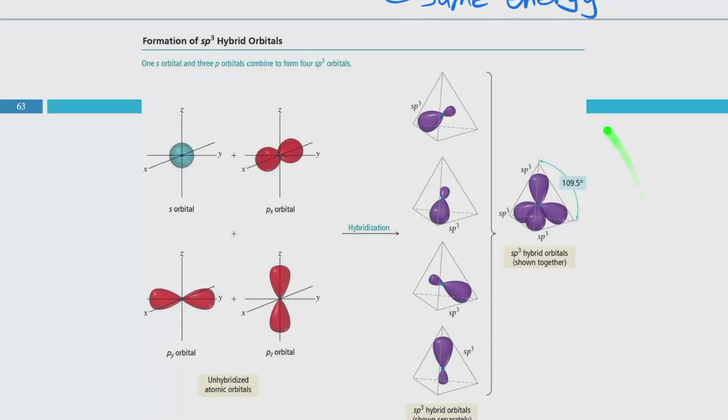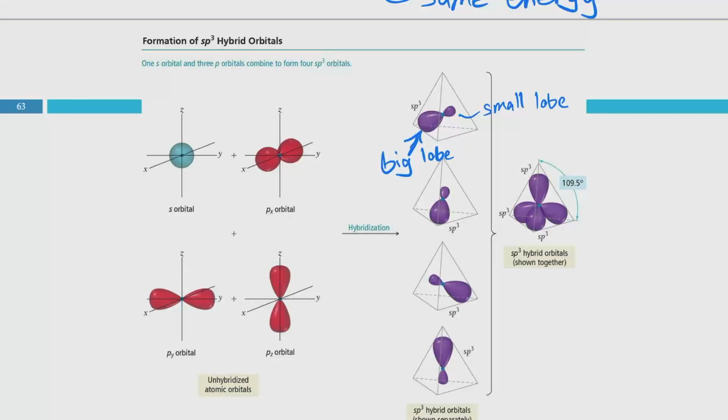And when they hybridize, they form the bowling pin looking shape that I drew for you previously. Each of these has a big lobe and a small lobe, if you look at them independently. If you look at them as a whole, we kind of just draw in the big lobes.